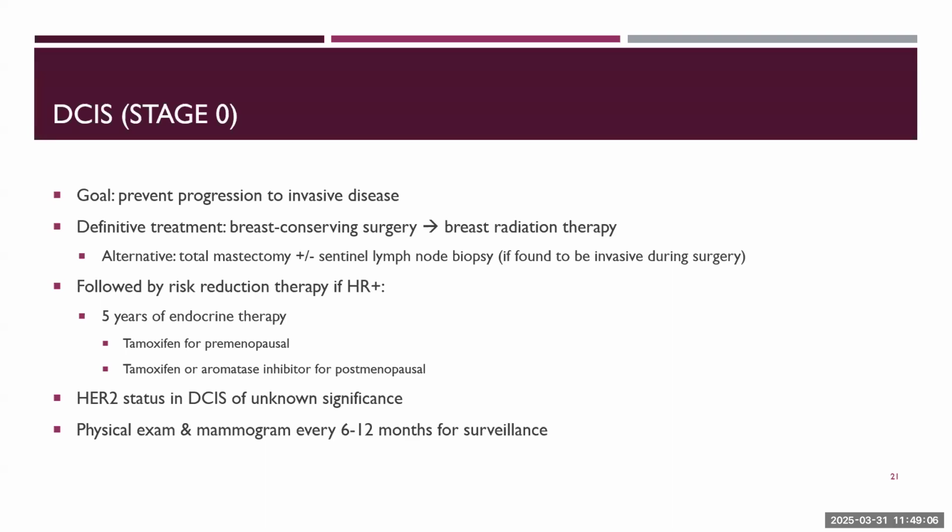And then they will also potentially undergo risk reduction therapy if they are hormone receptor positive. So they will get 5 years of endocrine therapy, tamoxifen if they are premenopausal, or tamoxifen or an aromatase inhibitor if they are postmenopausal. HER2 status in DCIS is of unknown significance, so we're really focusing on HR positive.